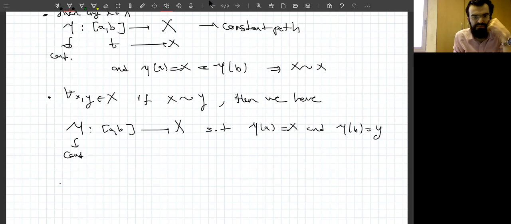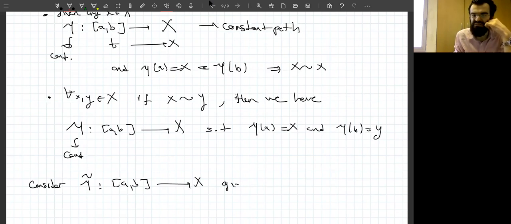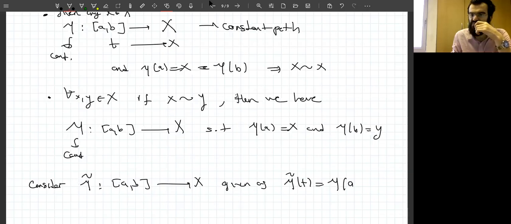Consider another path, again from [a, b] to X, given as gamma tilde(t) equals gamma(a plus b minus t).